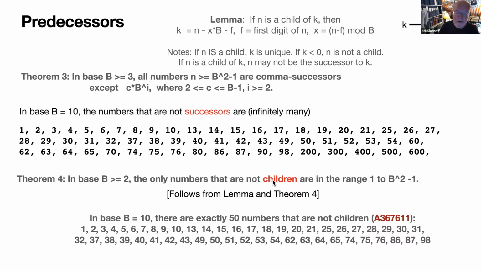If we ask which are not children, then all of the numbers bigger than 100 go away. So when we look at the numbers that are not children, they're all in the range 1 to 99, in general, in the range 1 to b squared minus 1. And in base 10, here they are. These are the 50 numbers that are not children. So these are the 50 root nodes in the comma graph.